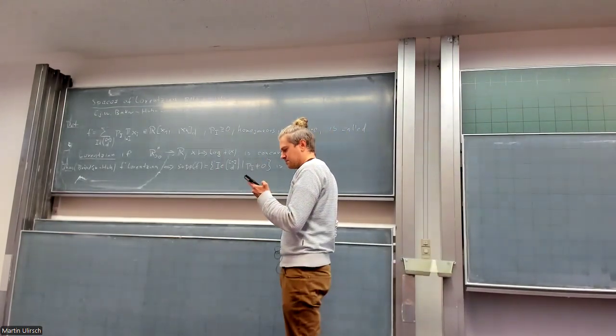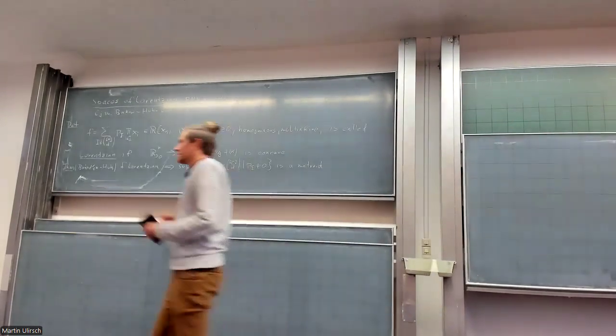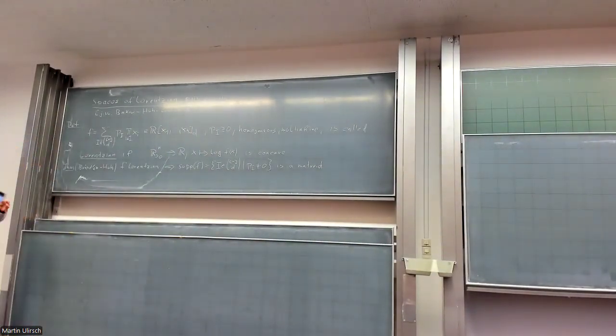So I think this is very much reminiscent of the Plücker coordinates of points in the Grassmannian over some fields. So this is also why I call these coefficients p_I.